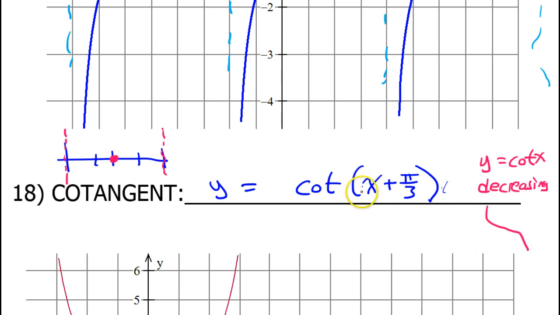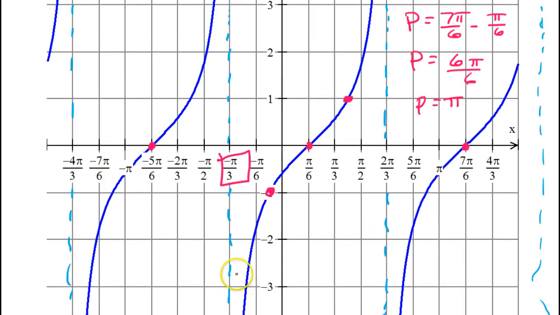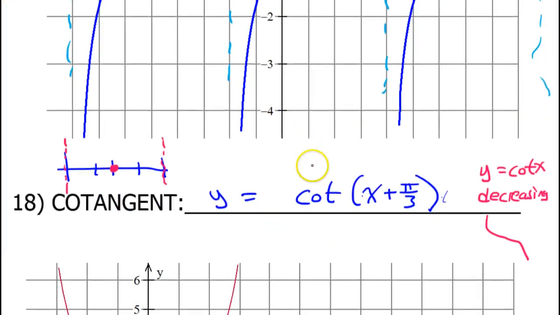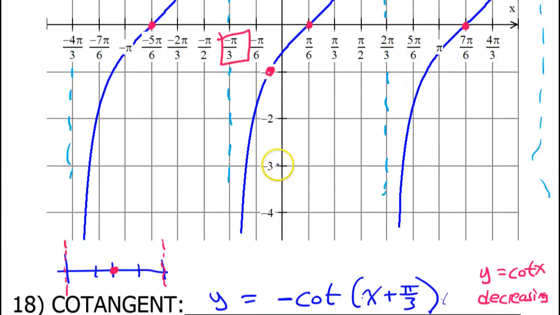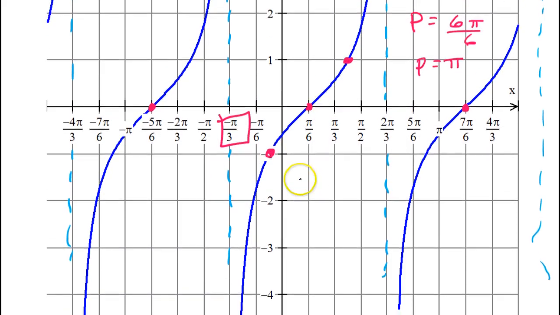So look at this graph. From left to right, this graph is increasing. So this is upside down. That tells me that there must be a vertical reflection happening. So I do need a negative sign in front of this, because that's the only reason to explain why it should be increasing instead of the usual decreasing.